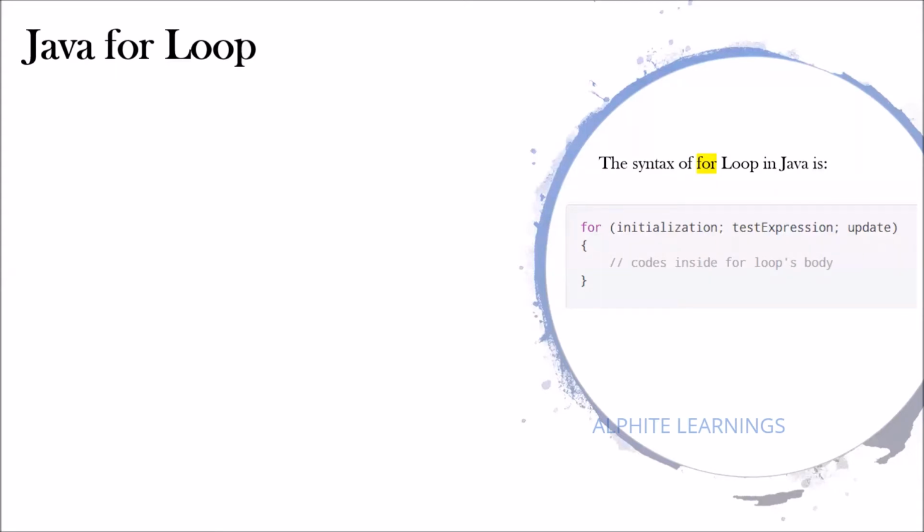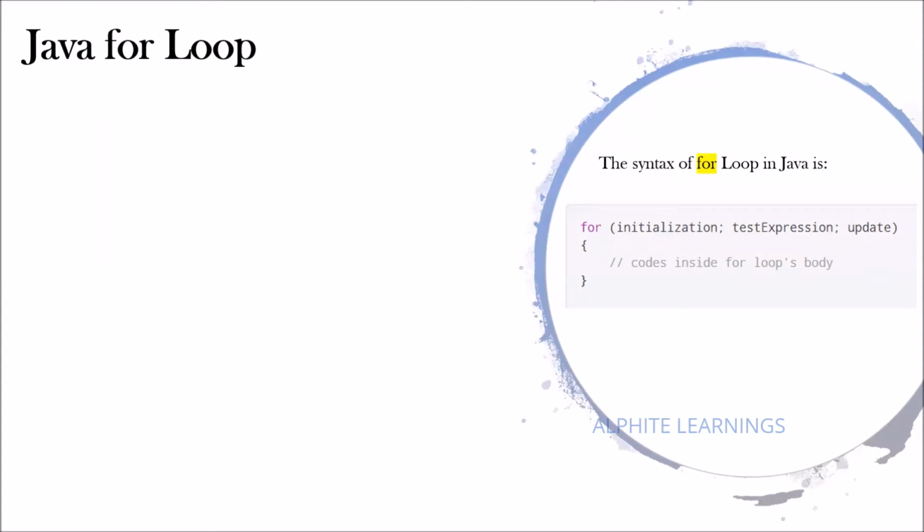So what happens in initialization? Initialization is nothing but giving some value. You declare a variable, for example int i = 1 or i = 0, or whatever number you need. Next there will be a test expression. What do you mean by test expression? You check some boolean condition on the initialized value.